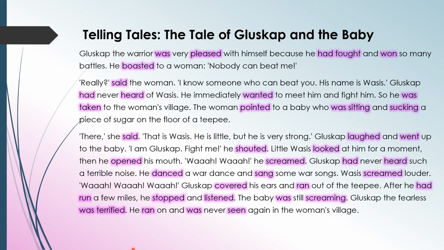So these are the verbs, and you all know about strong and weak verbs, regular and irregular verbs, and there are lots of regular and irregular verbs in there. Wanted, pointed, boasted, heard, opened, danced, shouted, screamed, looked, loved, screamed, covered, stopped, terrified, opened. These are our regular verbs, but we have some irregular ones. Is there any irregular verb?